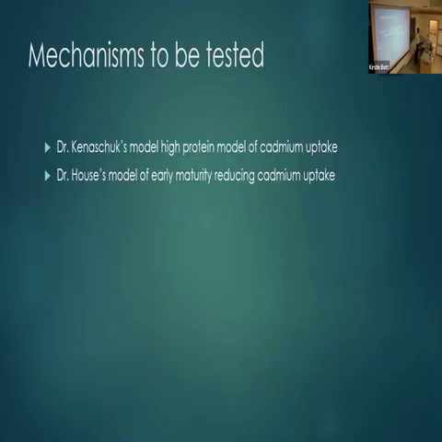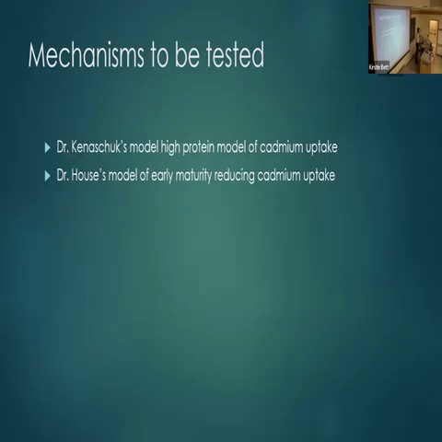There are also some nice-to-haves. These are little mechanisms I'm hoping to test if data is available. If it's not, it's not, but this is like the flat screen TV equivalent of the experiment. Nice to have, but not necessary. One is Dr. Kenishuk's model of high protein and cadmium uptake.